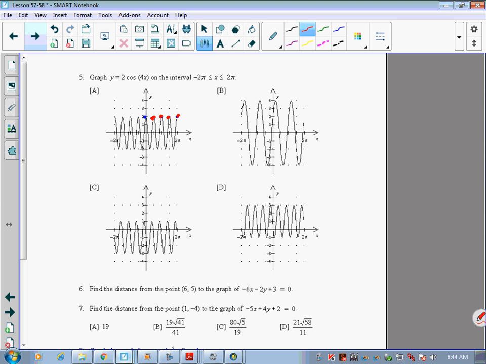And they're only completing what looks like 2, so they're mixing their 4 and their 2 on B, and not giving you a cosine function. On letter C, I think they go through 4 periods, but they've got a different center line. D's got a different center line. So there's a lot of reasons why B, C, and D are wrong.